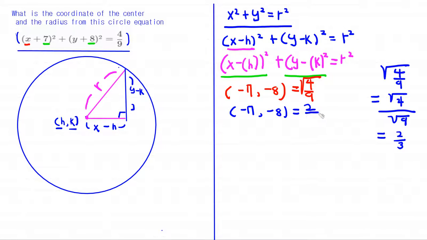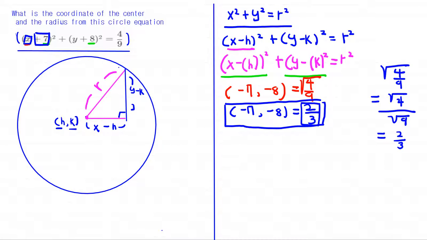We need to remember that the x coordinate and y coordinate should always be the opposite of the plus or minus sign in the equation, in this case plus. And 2 over 3 is the radius value.